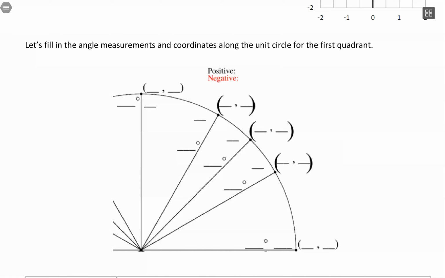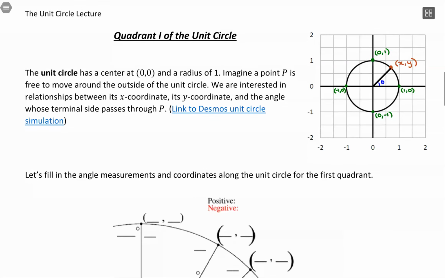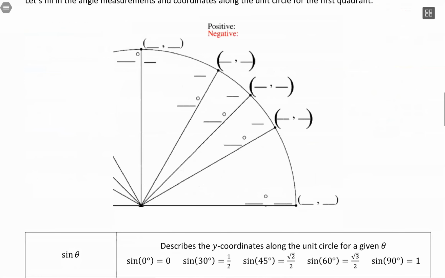Because really, if we have the first quadrant, the rest follows through just because of symmetry. We have these same y values and same x values. It's all a matter of reflecting over the y-axis and over the x-axis and changing negative values and positive values. So we're going to see that it's just a few numbers that make up this entire circle of numbers. So let's just start with the angle measurements here.